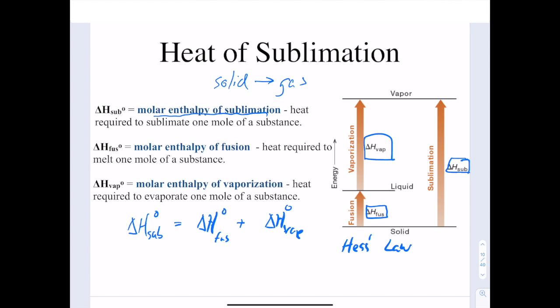If you measure these values very, very carefully, this statement is not going to work out perfectly because when you see the degree sign here, that's saying what the enthalpy values are under standard thermodynamic conditions, which among other things is 25 degrees Celsius.